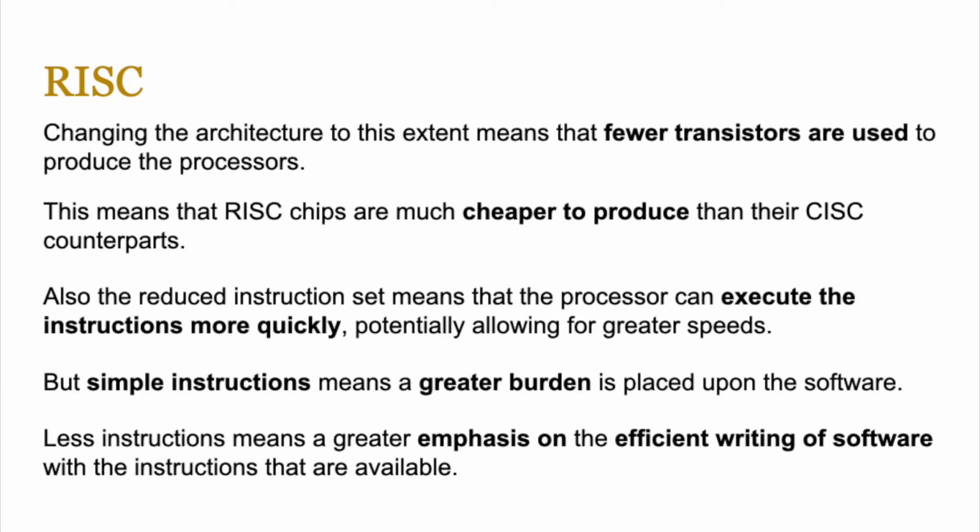And as a result of that, fewer transistors were used to produce the processors, which meant that RISC chips were cheaper to produce, and they could execute instructions more quickly, potentially allowing for greater speeds. But due to the simple instructions, that meant there was a greater burden placed on the software itself. Fewer instructions meant you needed to have efficient writing of software and a very efficient compiler.